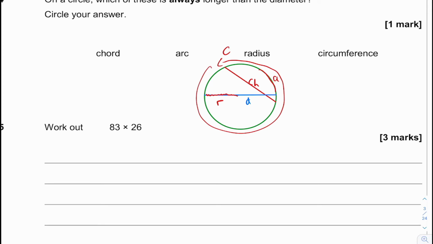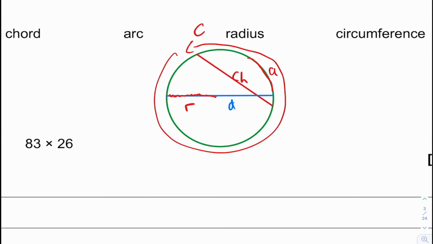The only way it would be equal is if it was actually the diameter itself, because every other length along the circle, whether it be a tiny chord like that or a big one like this, will always be at the very most equal to the diameter, if not less. And then an arc, again, this could be more than the diameter. If we did a big arc like so, that's probably more, but we could have a little arc like this.